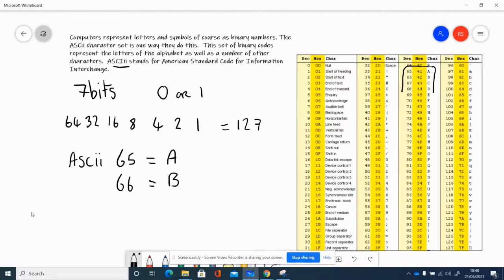And so if you, for example, got the question, given that Ascii 65 is A, then what would Ascii 68 be? So you only have to think about doing 65, 66, 67, which is going to be a C, and 68, which is going to be a D, because they just follow on numerically. And you can see that on this chart.